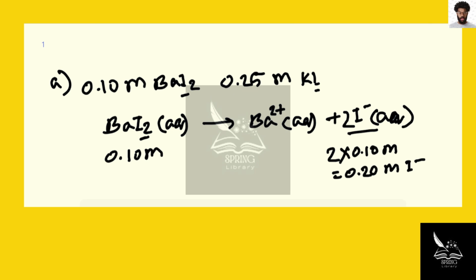Now if we look at the KI, so KI or the potassium iodide will be dissociated to give us K plus and I minus.